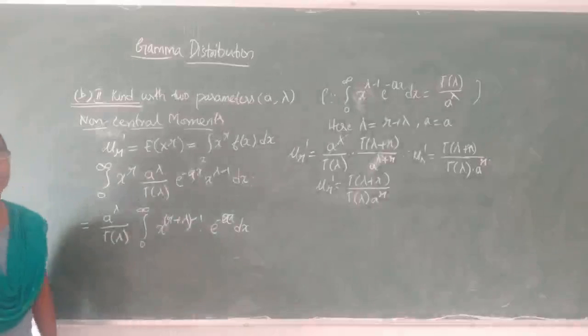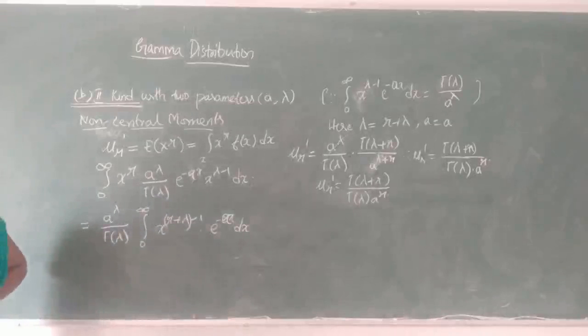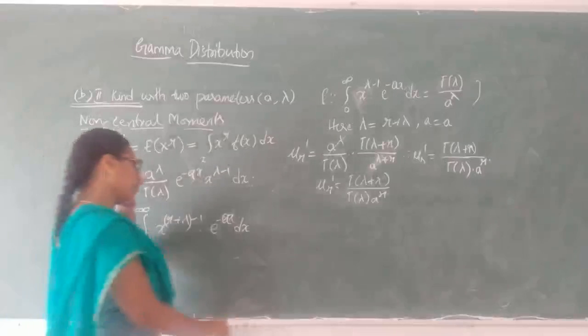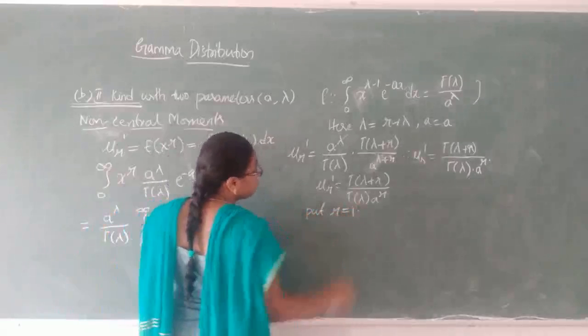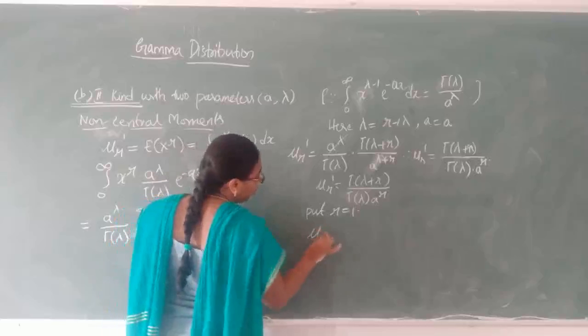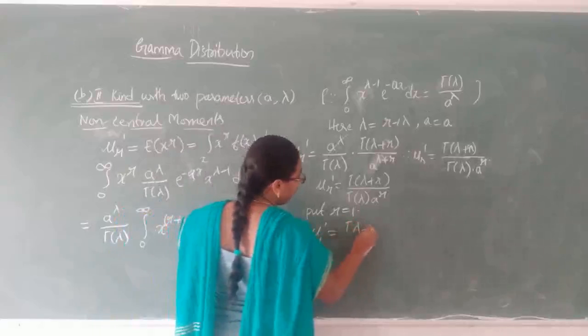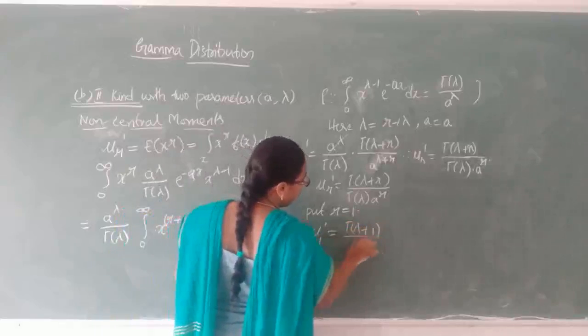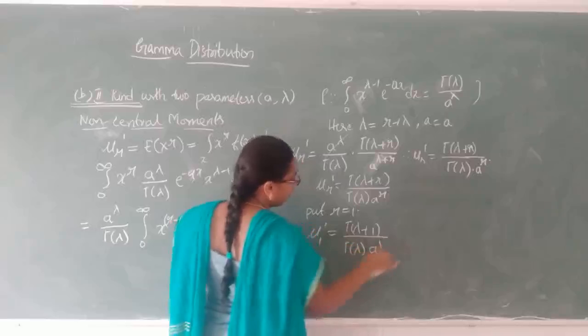So now we substitute the different values of r. Put r equals 1. By putting r equals 1, mu1 dash, that is your mean value, equals gamma of lambda plus 1 divided by gamma of lambda into a power 1.